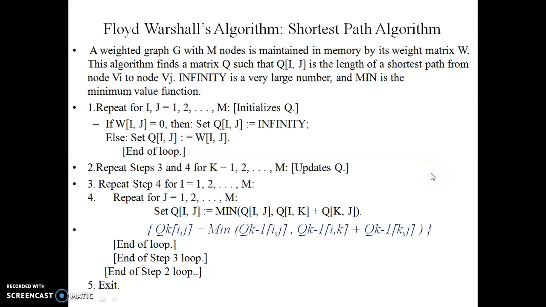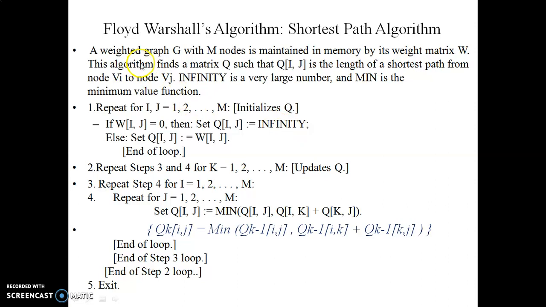So in Warshall's algorithm, we have taken an example in the previous slide and we have discussed how to obtain the shortest path using the initial matrix and consecutive distance matrices. Now let us understand the different steps involved in Warshall's algorithm.